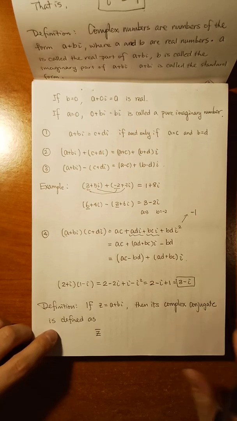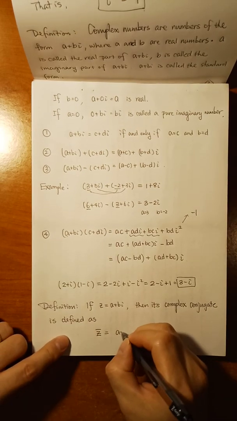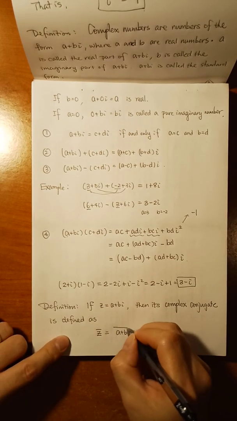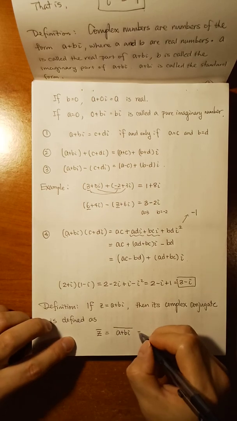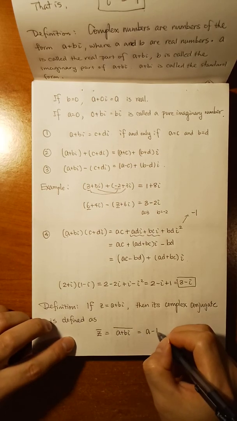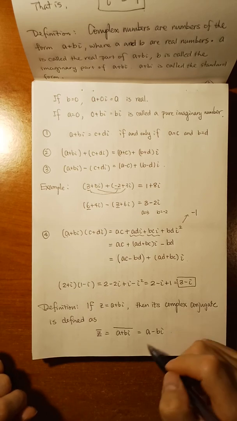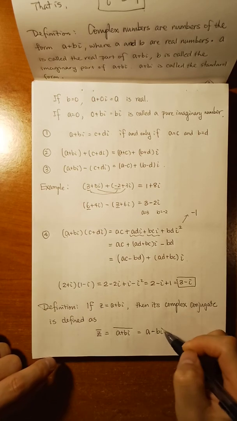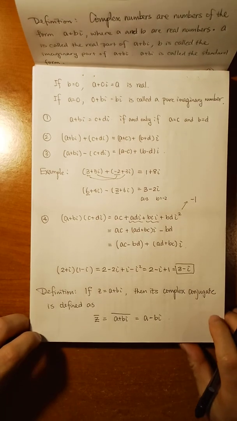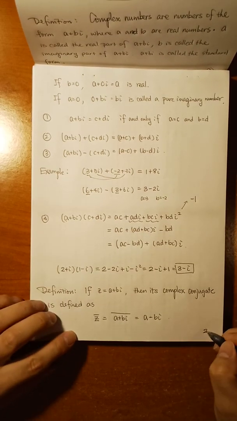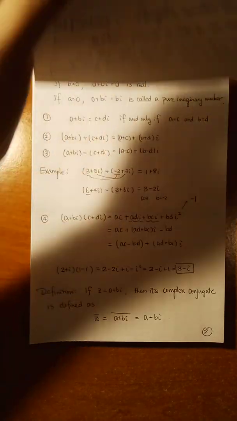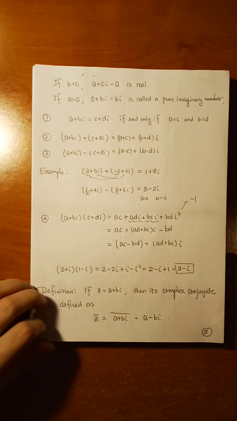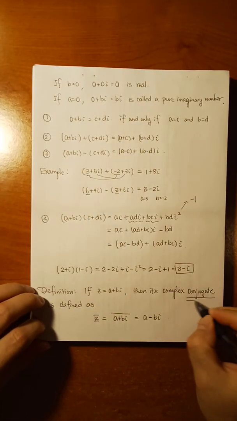Z bar is called the complex conjugate. Z is a plus bi. The conjugate of a plus bi is, by definition, a minus bi. So you just change the sign of the bi term, you get its so-called conjugate. Complex conjugate.